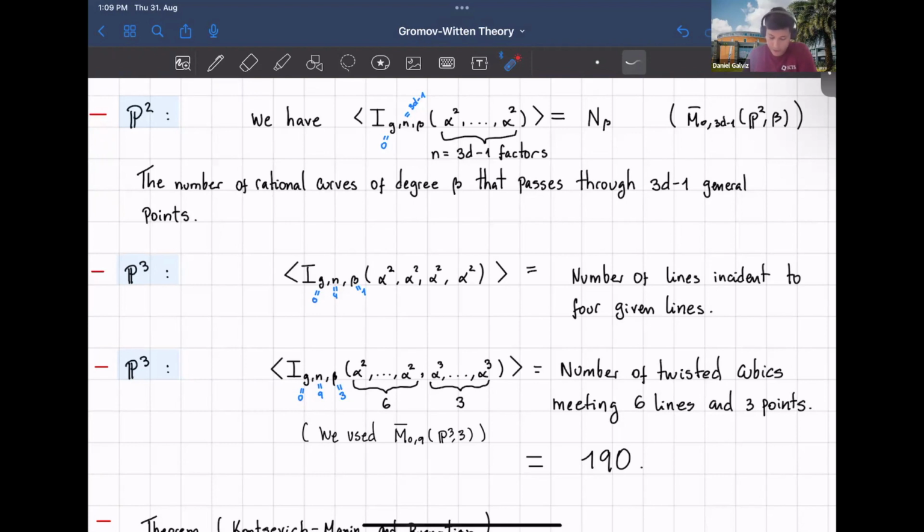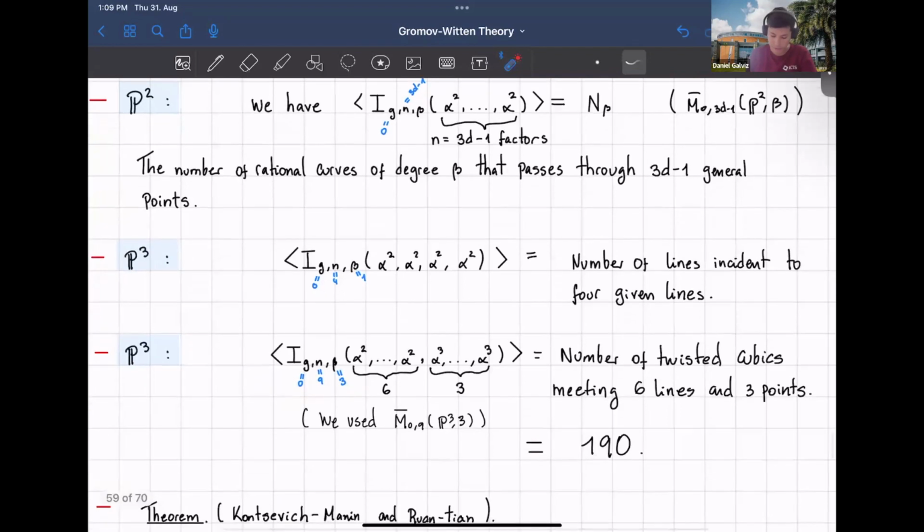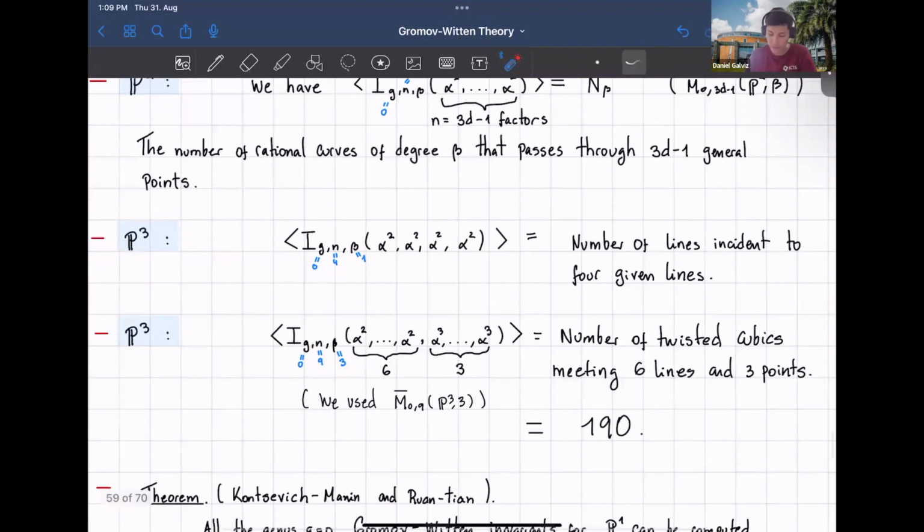So this basically will tell us the number of twisted cubics meeting 6 lines in 3 points. So you start to do more difficult intersection theory of different structures, and then see what you obtain. It is possible thanks to these Gromov-Witten invariants. And the number of this is 190 twisted cubics.